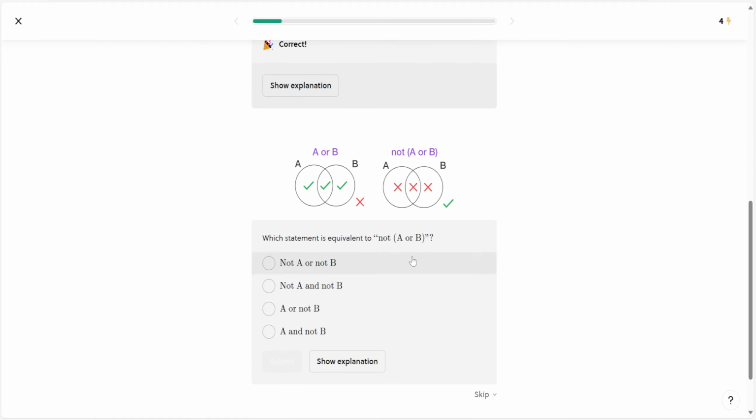The previous one, when A or B was in brackets, it only symbolized, I can't think of what the word is, the bit that joins them both together. So it should only put a check mark on this one here. And the whole thing that they're showing here is not A and not B. Isn't it?